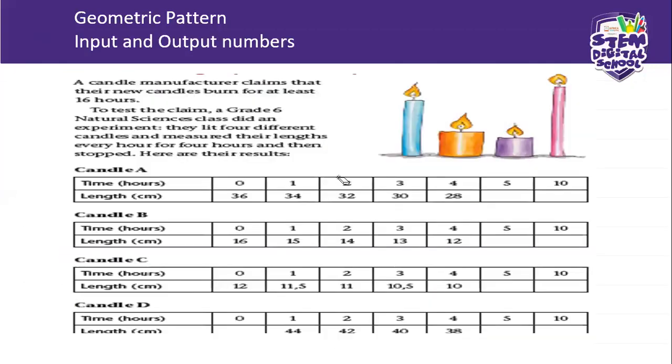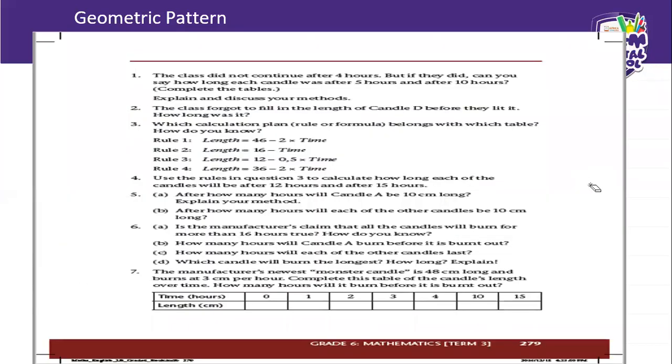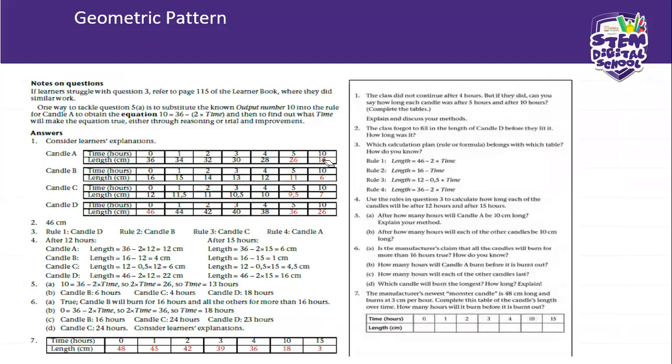Now, I need to think of a rule that's forever going to work for me as I'm moving along. Remember that we have a rule that says keep on subtracting 2. But there's going to be a situation whereby I need to find out what is the 14th hour or the 12th hour. The first one says it is 36, then I move to 34.